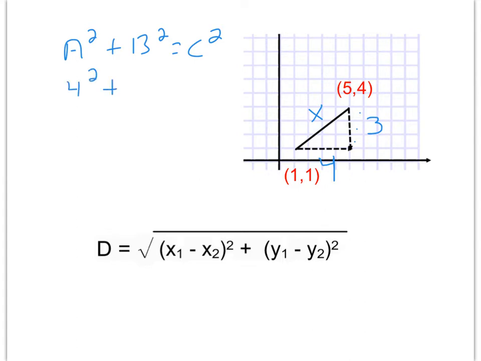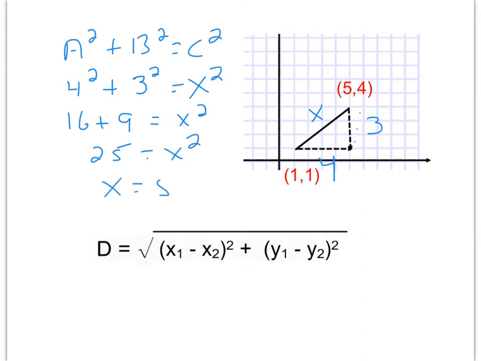The b could be the 3, that's 3 squared, equals x squared, our missing side. 4 squared is 16. 3 squared is 9. 16 plus 9 is 25. That's equal to x squared. So therefore, take the square root of both sides. X is going to equal the positive 5. So this x is equal to 5. I'll mark that right here in green.